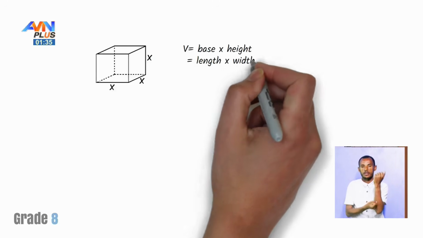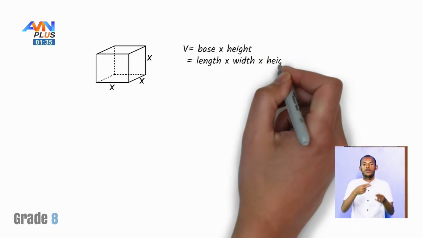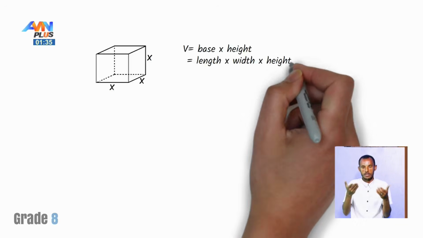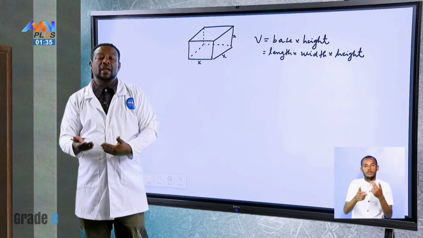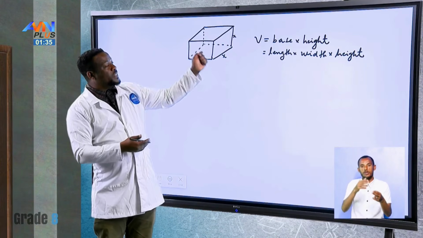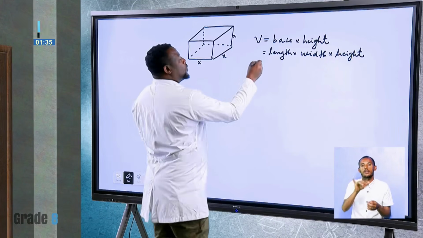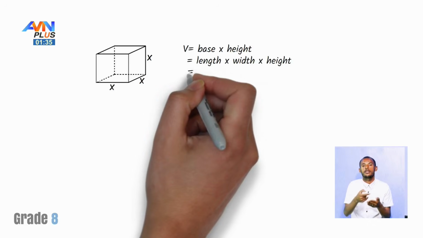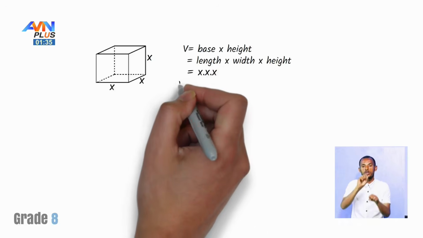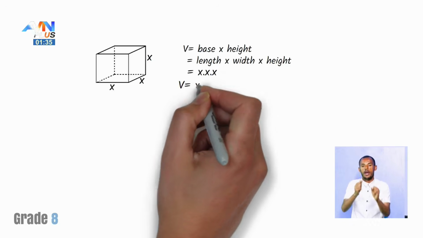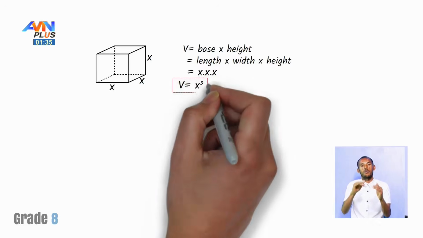So it becomes the product of 3 things: the volume of a certain box is the product of the length, width, and height. But the length, width, and height are all the same, say x. So this becomes x times x times x, which is x to the power of 3. So the volume of a cube is given by this formula.